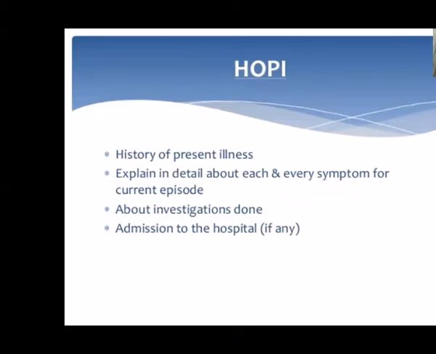If it is related to previous histories, you can say this patient has come with a cough for the last 2 weeks, but he has been having recurrent cough for the last 6 years. This is how you have to correlate that this is part and parcel of the same disease, which is going on for the last 6 years. Investigations done, admission to the hospital, any previous hospital admissions or not, that should be recorded.